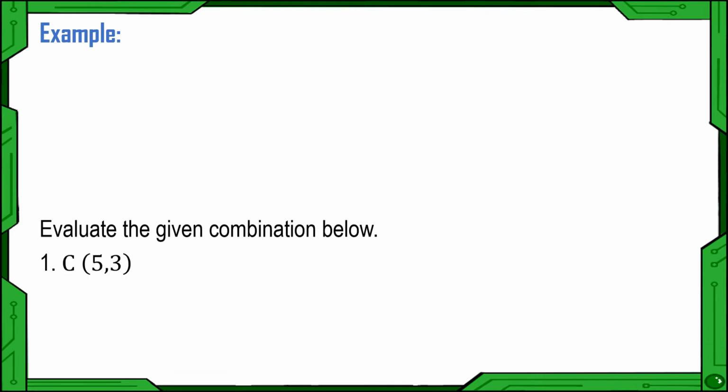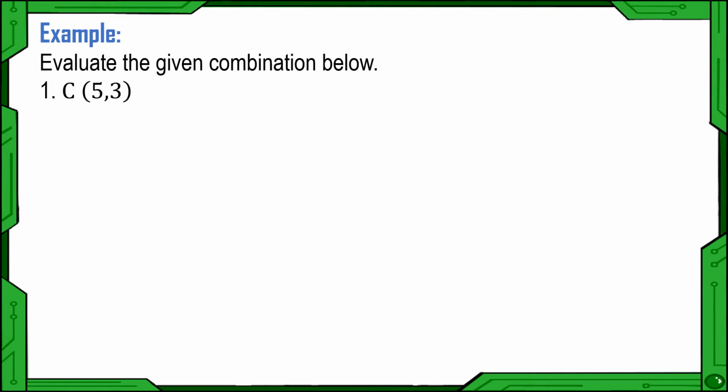Let us have our first example for combination using our formula. Evaluate the given combination below. Example number 1, combination of 5 and 3. So again, our formula: combination of N and R is equal to N factorial over the difference of N and R factorial multiplied by R factorial.